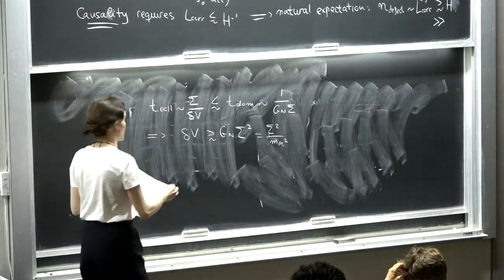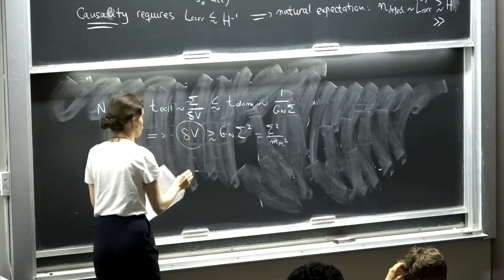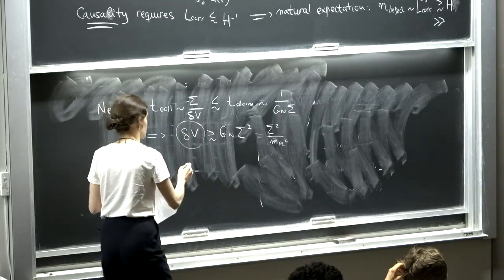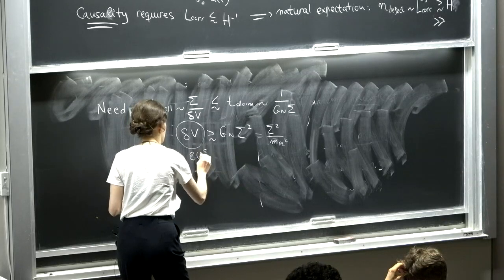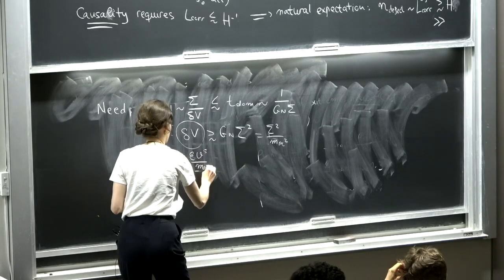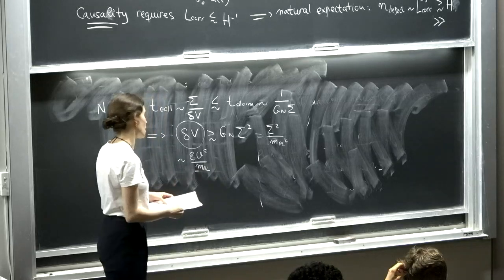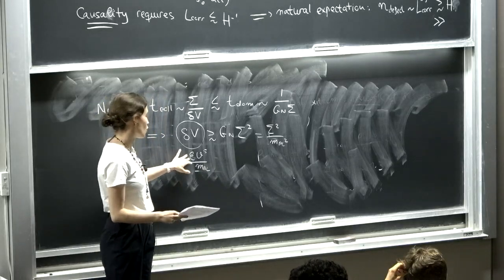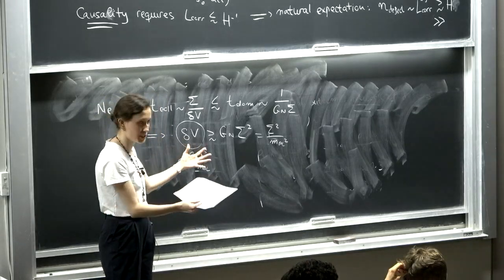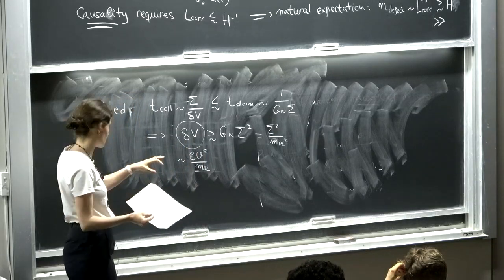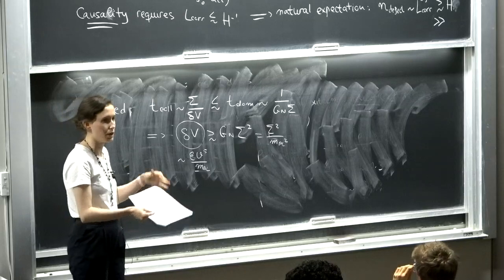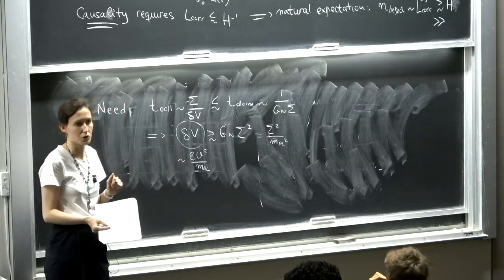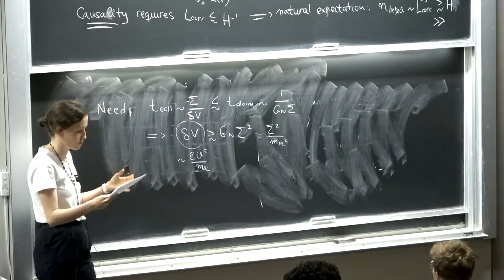So if we have a particular origin for this explicit breaking, something like epsilon v to the 5 over M Planck, this will give us a bound on how small that symmetry breaking coefficient has to be for this model to be consistent with cosmological constraints.